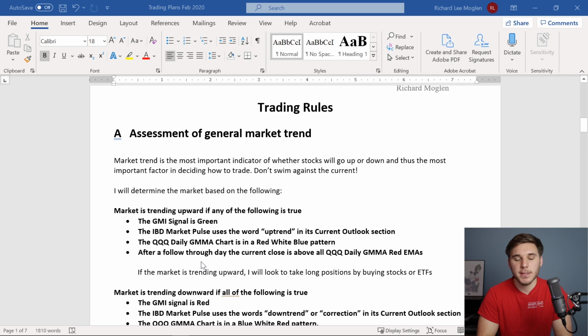All right, so with all that said, let's jump into my actual trading rules and talk about how I assess that general market trend. What's important here is that we're not trying to predict what the stock market will do. What we're doing is determining what the current trend is and aligning our trading with that. And as all good CAN-SLIM traders know, the market trend is the most important factor of whether stocks will go up or go down.